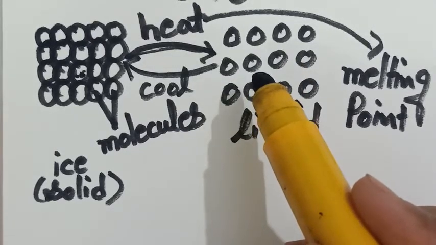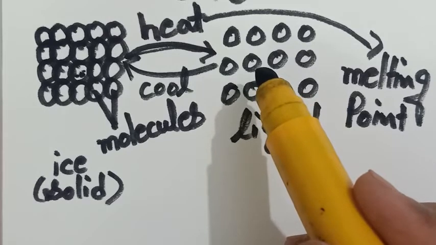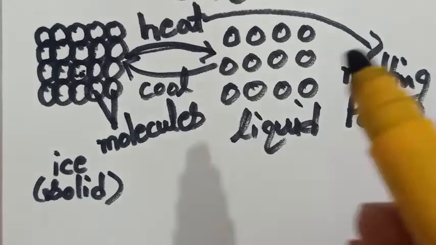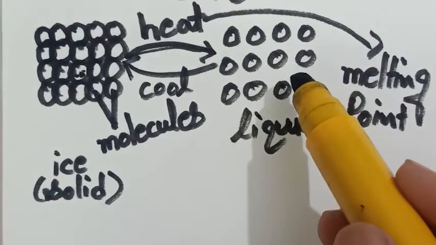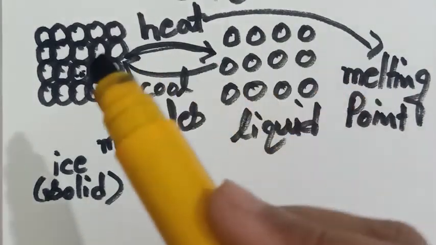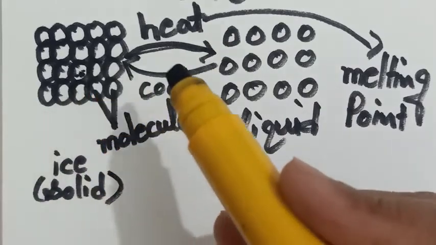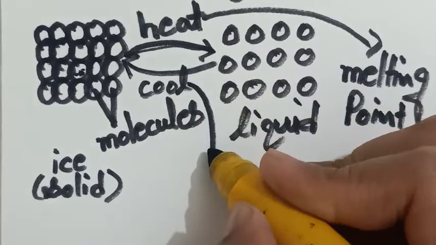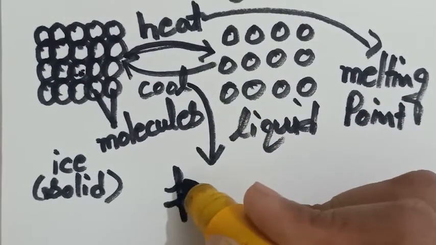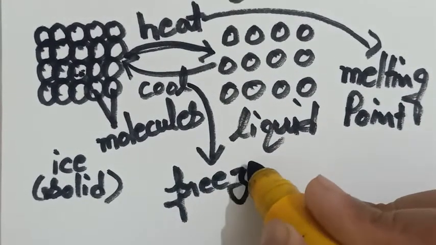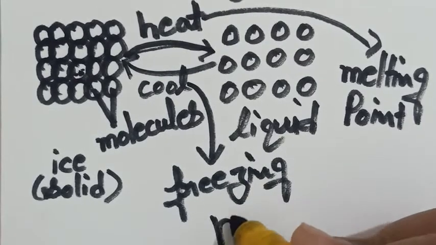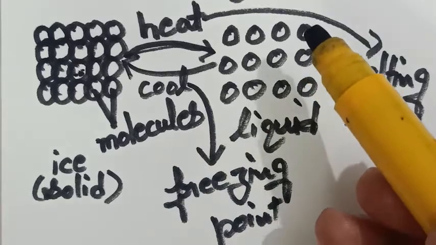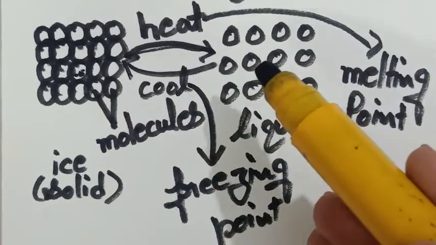This substance at room temperature, on being cooled, changes into the corresponding solid at a temperature, and this temperature is known as freezing point. The change in state from liquid to solid is known as freezing.